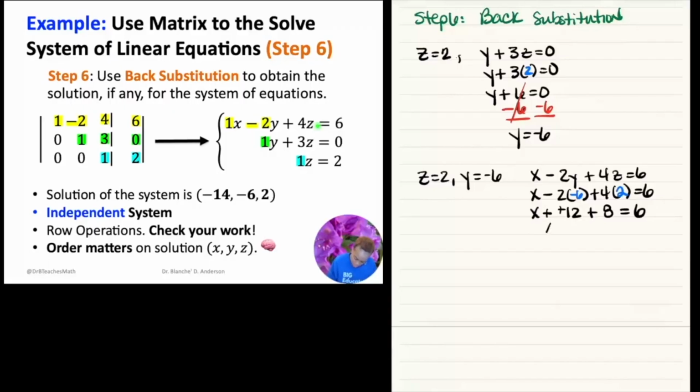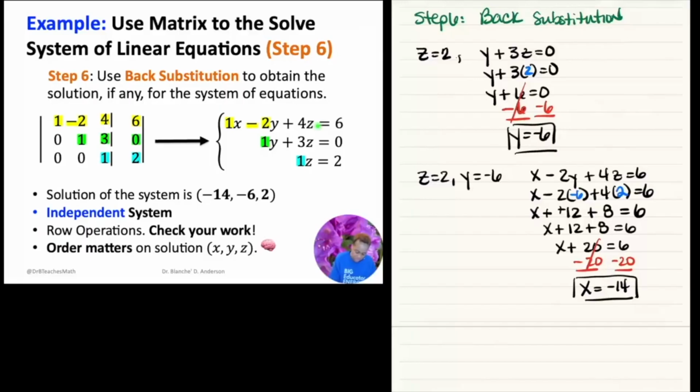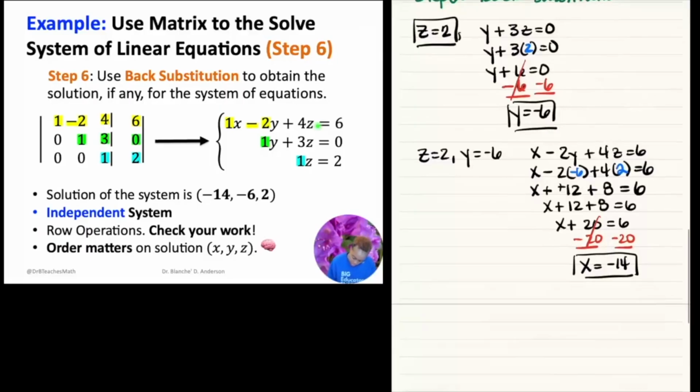So this is now x plus 12 plus 8 equals 6. So that's going to be x plus, what is that? 20 equals 6, minus 20 on both sides. That cancels out, and you have x equals negative 14. So x equals negative 14, y equals negative 6, and z equals 2.